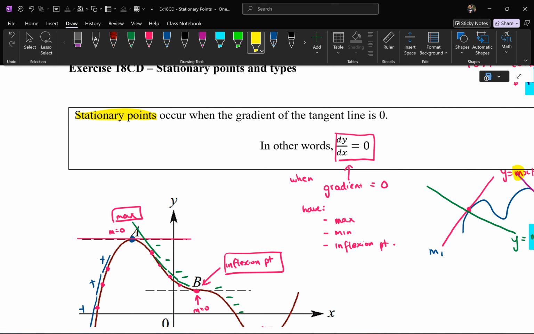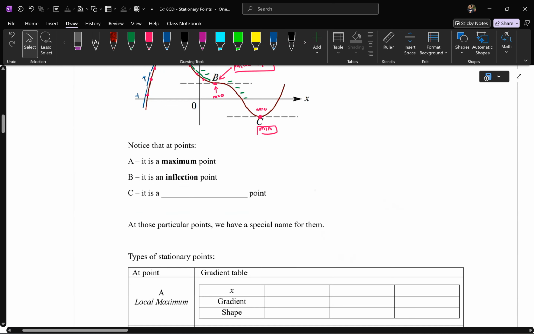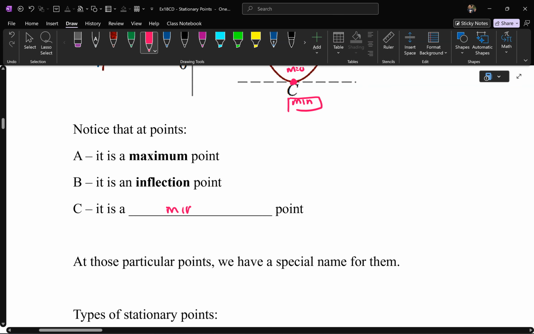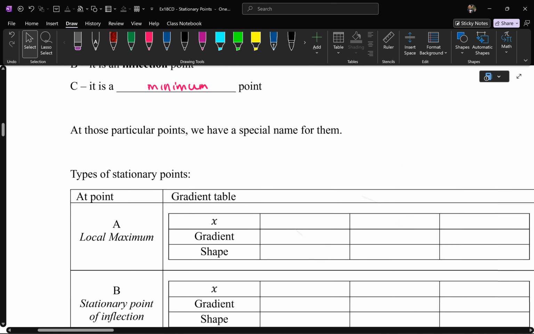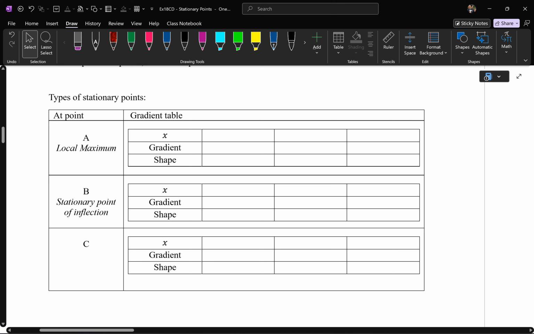Here's an example. Let's do an example so we can tie it all together. So you have maximum point, inflection point, and the last one was minimum. That was cool. So just filling that in. Minimum point. And this one is called a gradient table.